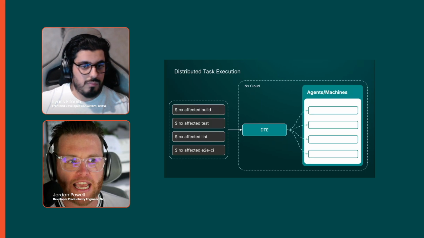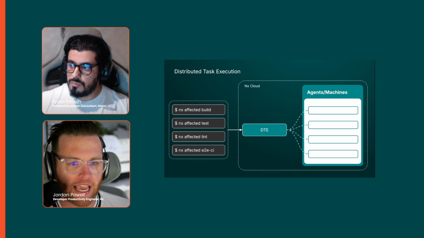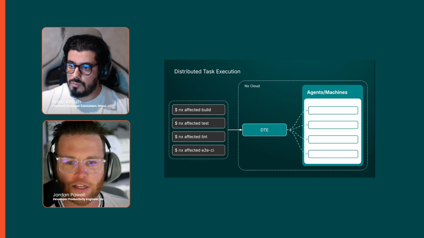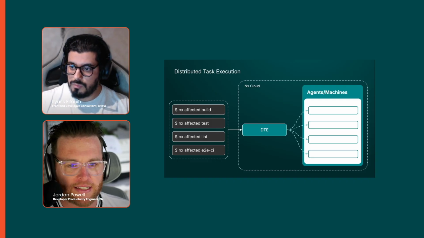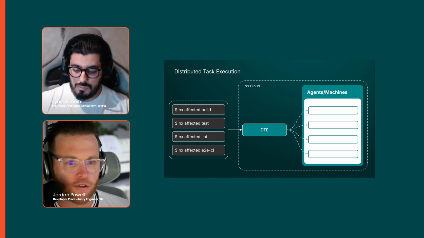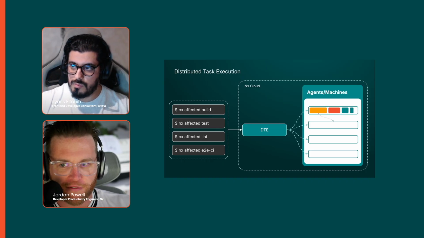In this example, we'll use 4 agents. Agents can be your own machines inside your own infrastructure, maybe GitHub Actions, or however you have your own machines in your CI, and you can configure it to use those. Or Nx has our own agents that are the most finely tuned for these sorts of tasks.